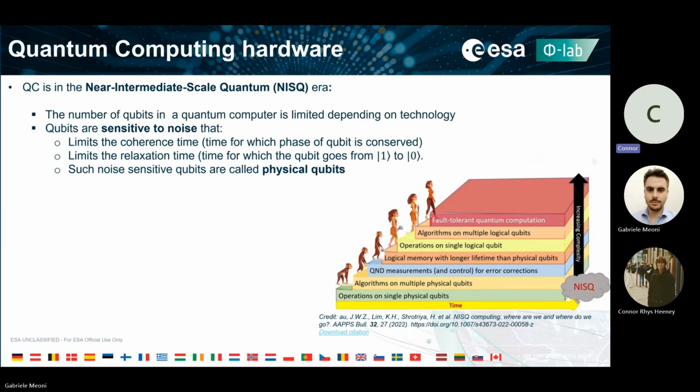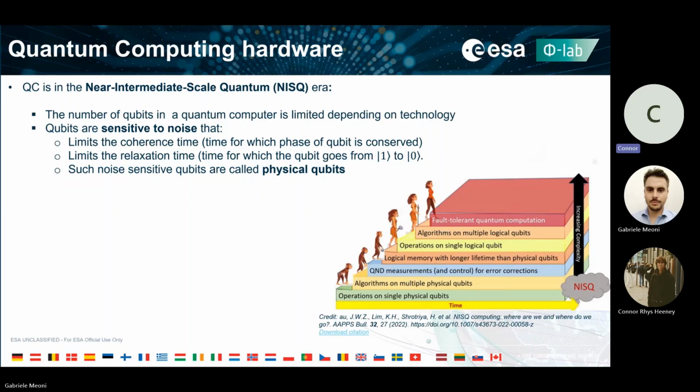So, of course, again, now we face the reality. Quantum computers nowadays are in the noisy intermediate-scale quantum era. What does it mean? It means that we have quantum computers with a certain number of qubits, up to hundreds or thousands of qubits, depending on the technology. But the qubits are really sensitive to noise. If you prepare a state and you wait, you expect the system to stay like that, but the system loses coherence over time.